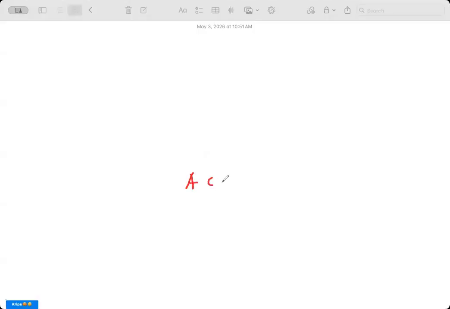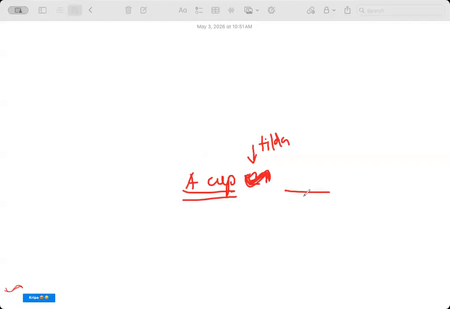Now, guys, I have a question for you. A cup that you drink, let's say water or juice, is approximately. Approximately means you can use this symbol, which is called tilde. A cup approximately contains. What is the measurement that you use to measure the juice that you drink in a cup?